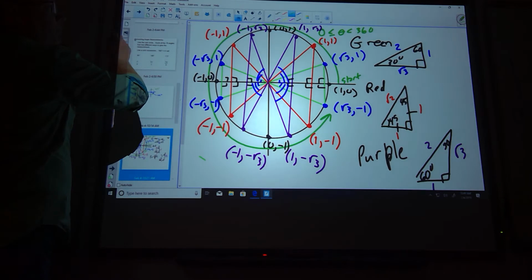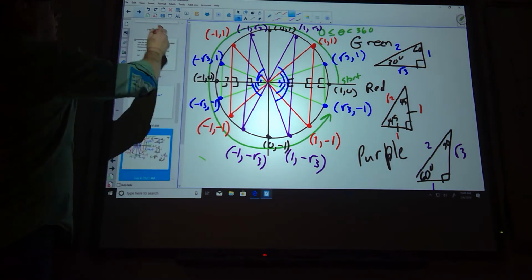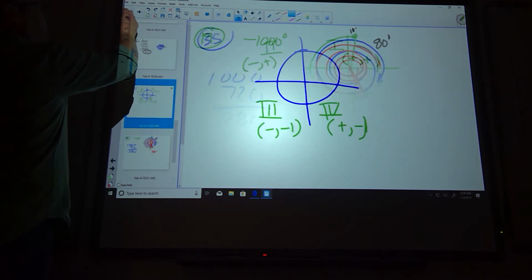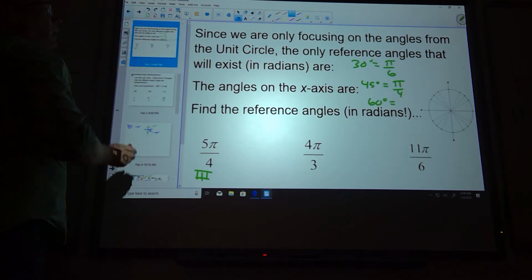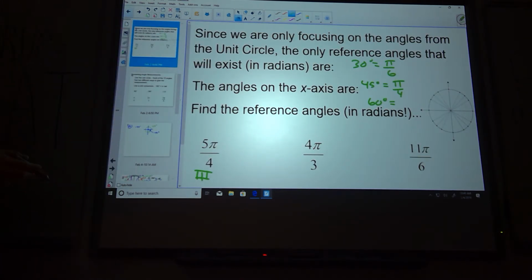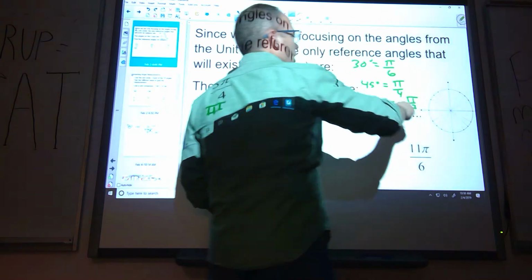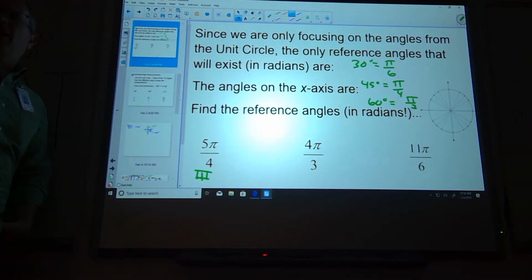Pi over 3. Pi over 3, good. All right, so that's what our angles need to be.